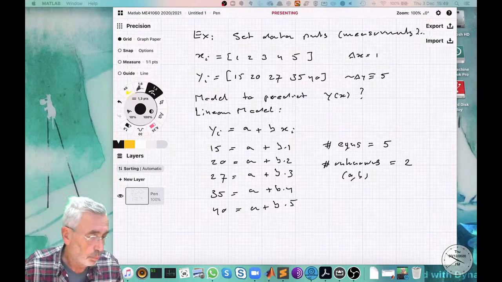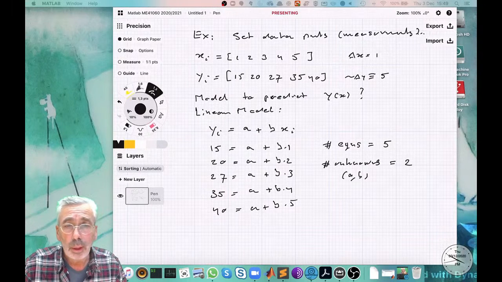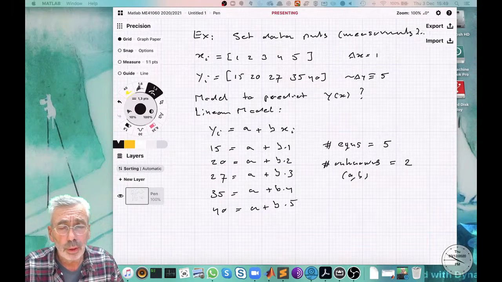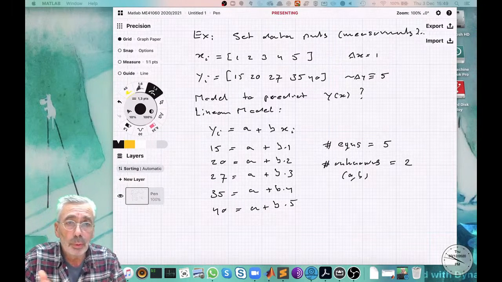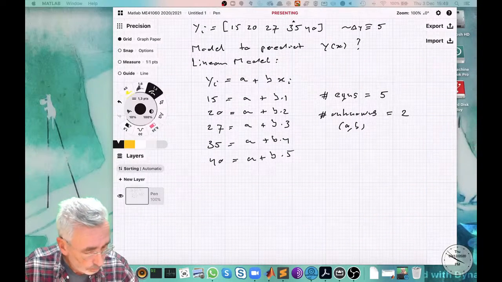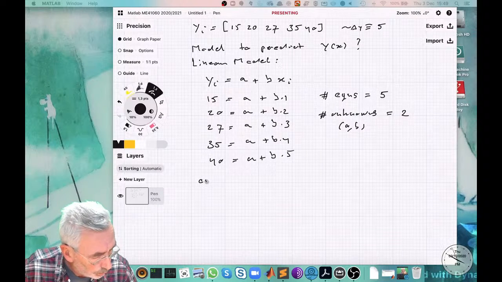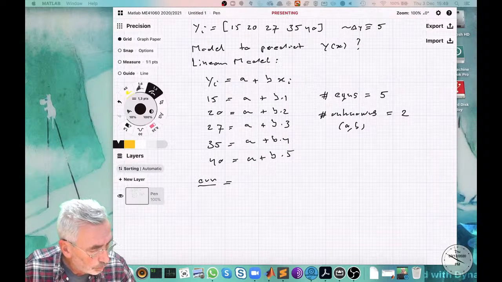But in essence, we want to say, we have our linear model, and we can calculate what the difference is between our linear model and the data, and we want this error to be as small as possible. So let's try and formulate that. What is the error with a linear model?